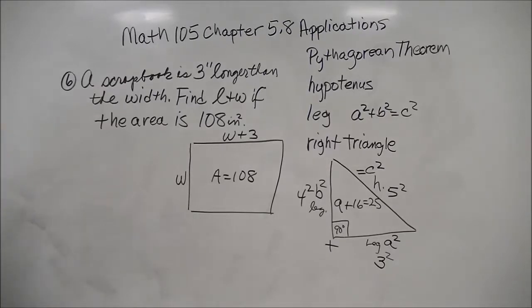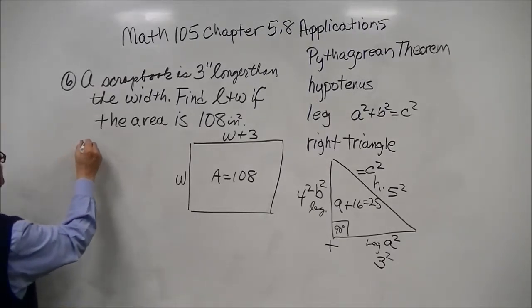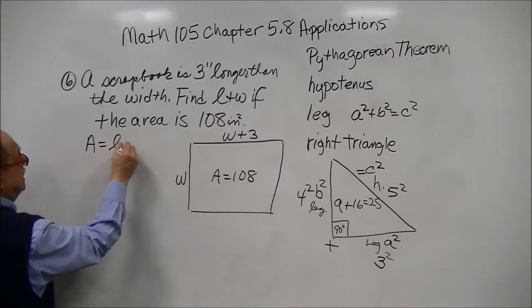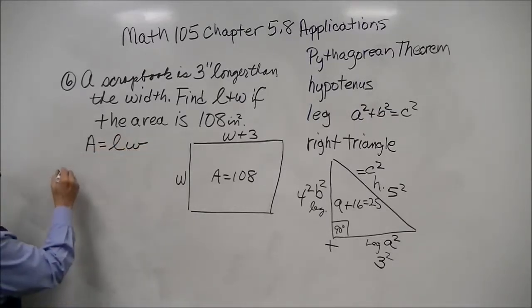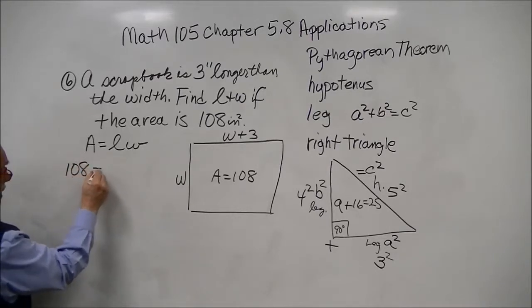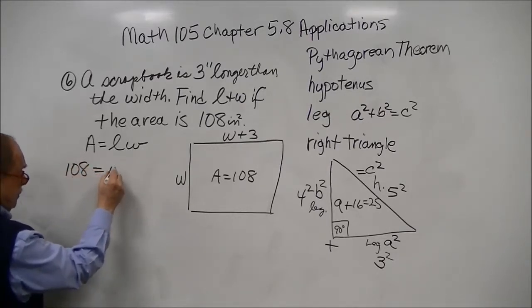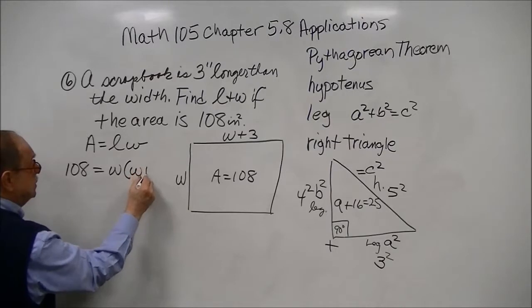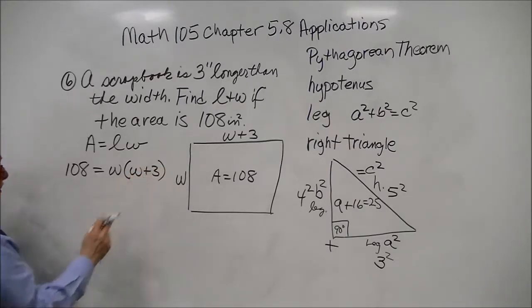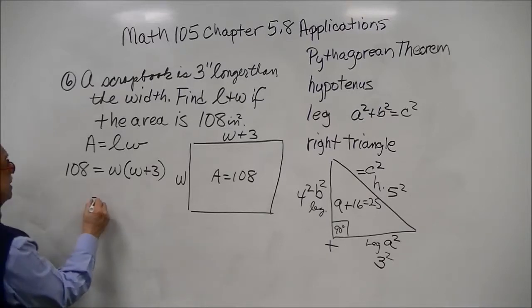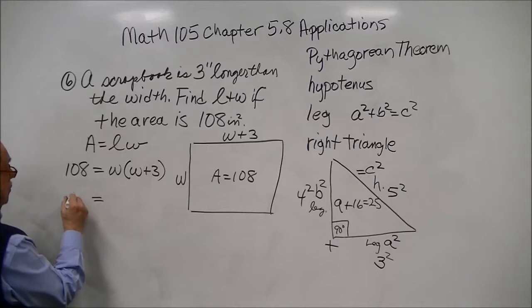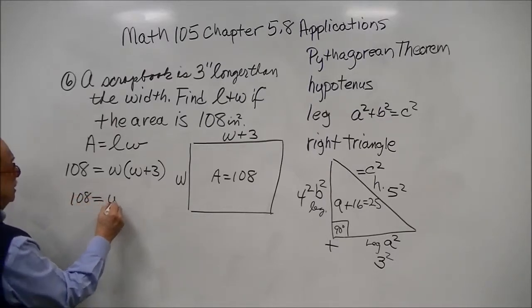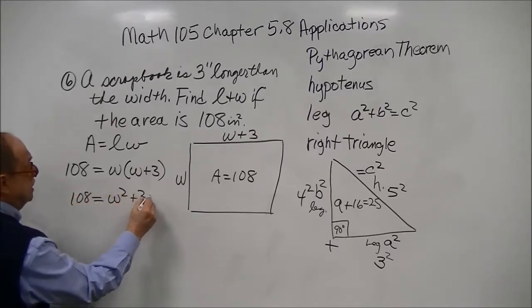So what formula are we going to use? Well, area equals length times width. So we have 108 equals the width times width plus 3, which is our length. So this is going to become 108 equals w squared plus 3w.